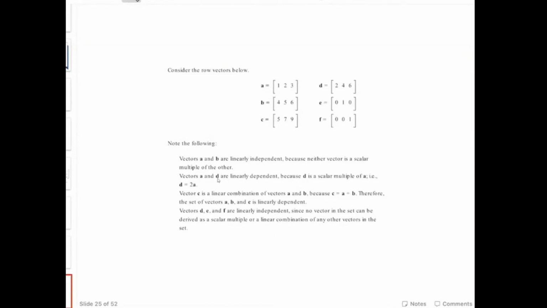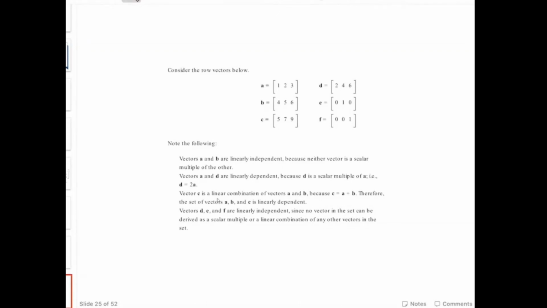Vectors A and D can be said to be linearly dependent because D is a scalar multiple of A. We can write D as 2 times the vector A, and that's why we say they are linearly dependent.